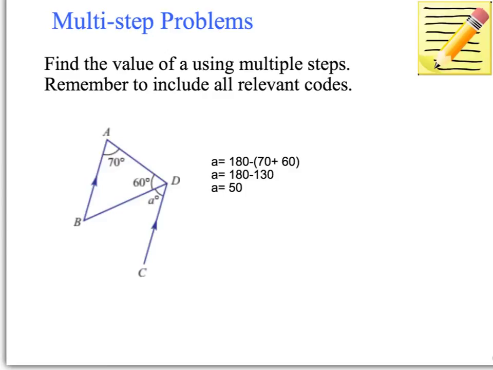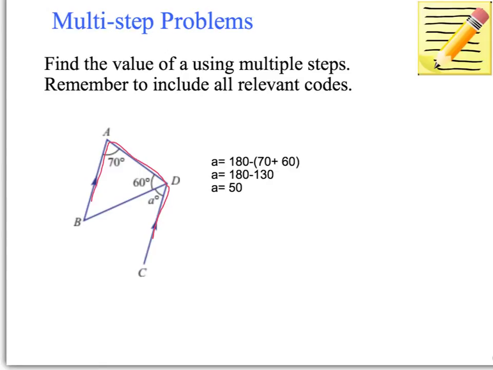Now, yet another one, because I think we need to do a few of these to understand clearly what to do. We need to find the value of A using multiple steps again. You need to look for these code pictures to see what the angles are that you're working with, and what you need to use to work it out. Now here you can see that these angles are co-interior, so it's got the C shape here, a bit upside down, and co-interior angles add to 180.